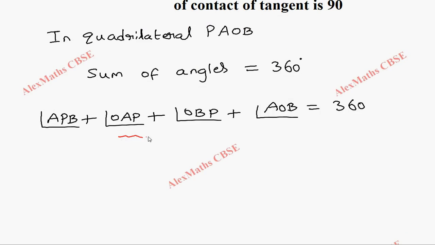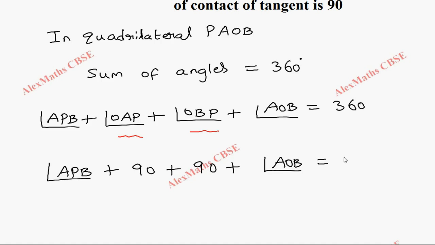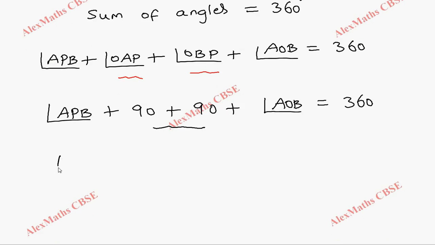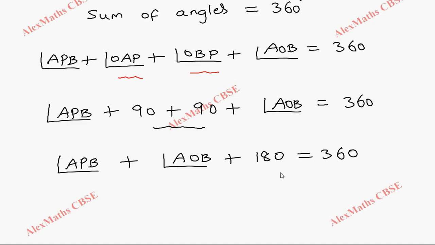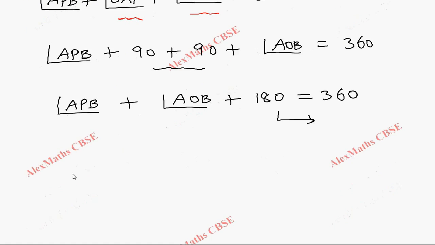Already we have marked these two as 90 and 90. So angle APB plus 90 plus 90 plus angle AOB equal to 360. These two added together is 180. So angle APB plus angle AOB plus 180 equal to 360. Let's take this to the other side.